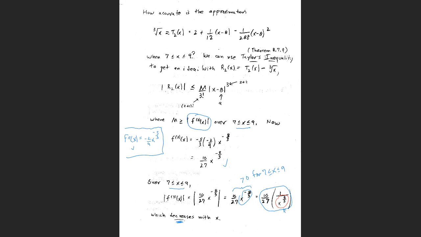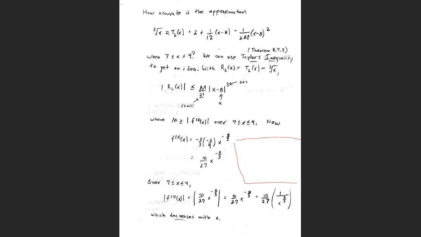So what we have to do for m, and we're going to show this on the next page, is that m is going to equal 10/27 times 1 over x to the 8/3 power, but we have to put something in for x.